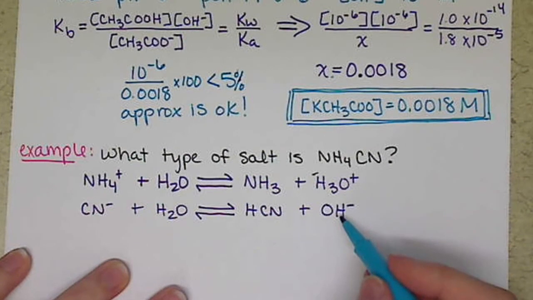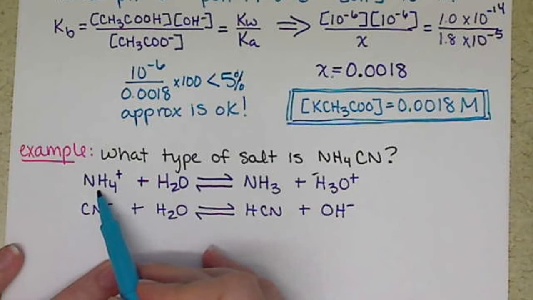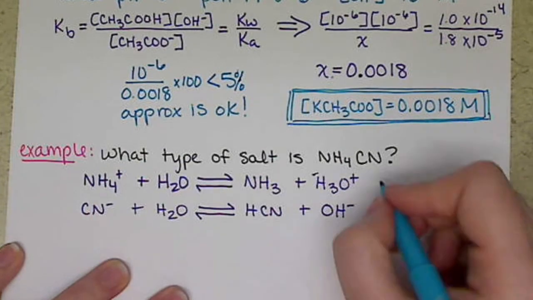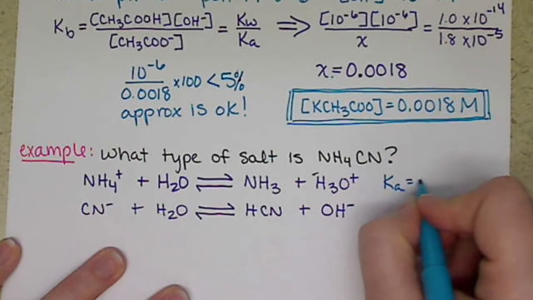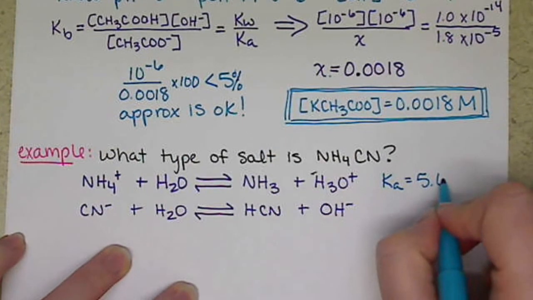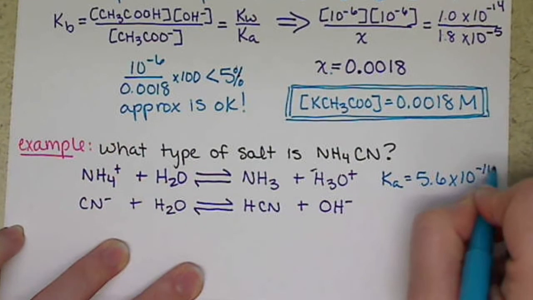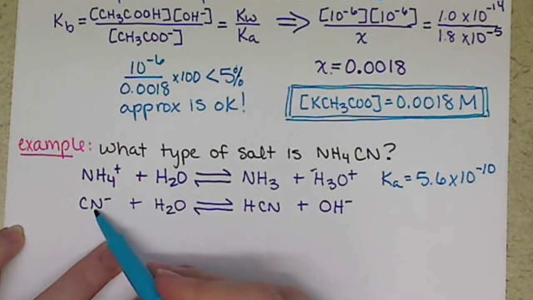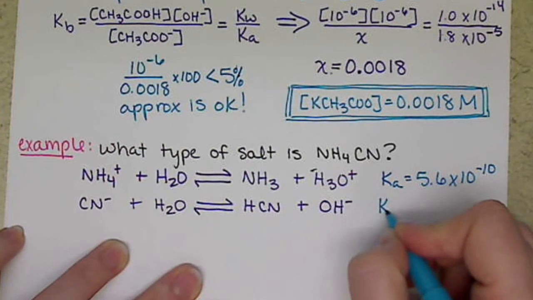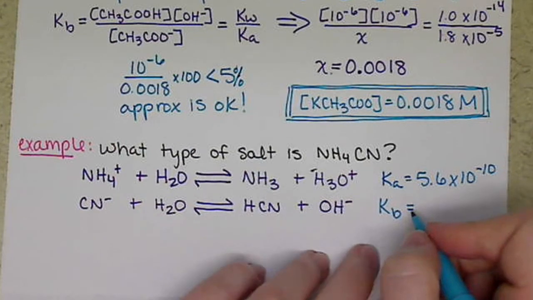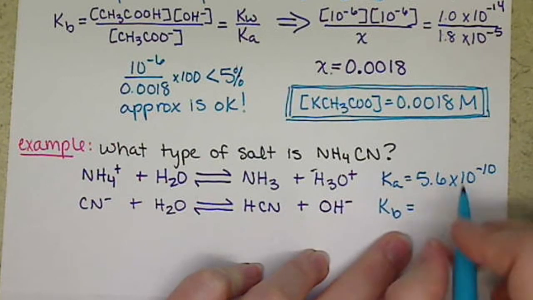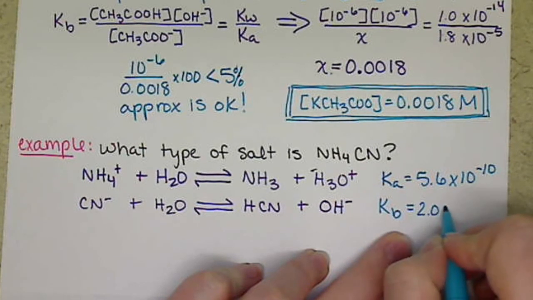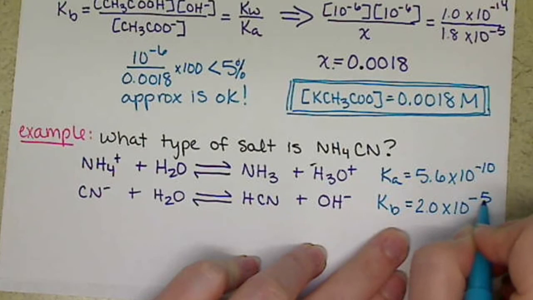NH4+ is an acid, so we look at Ka for NH4+, and this is 5.6 times 10 to the negative 10. We need a Kb value for CN-, which if you look it up or calculate it from the Ka of HCN, you get Kb is equal to 2.0 times 10 to the negative 5.